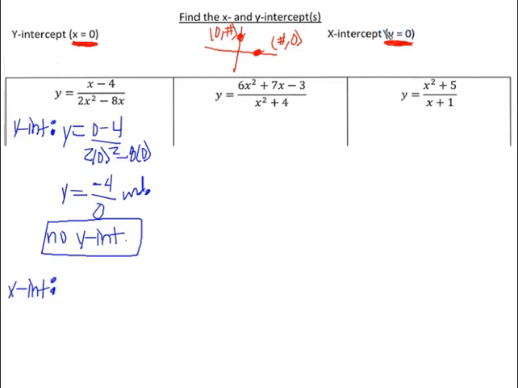In this case, the y value is 0, so we can put 0 in for our y position, and we're left with x minus 4 up top, and then 2x squared minus 8x in our denominator. Now this is where it gets a little bit tricky because we've got x's all over the place. But this is actually pretty simple when we take the time to look at what this is telling us.